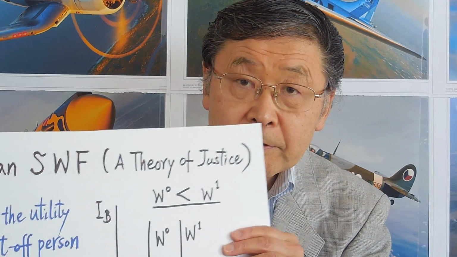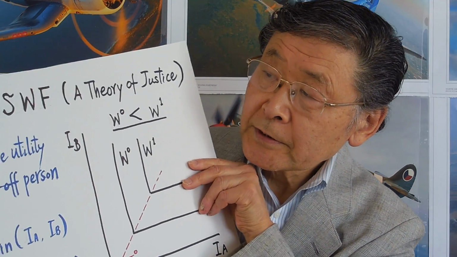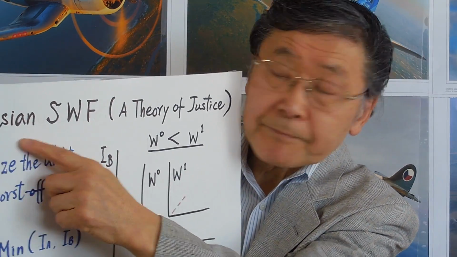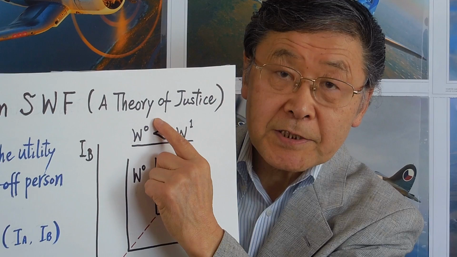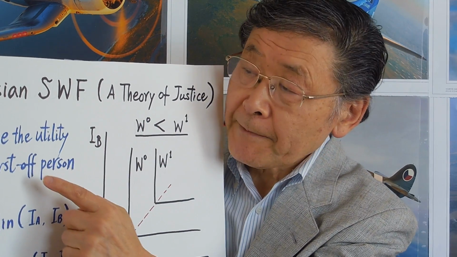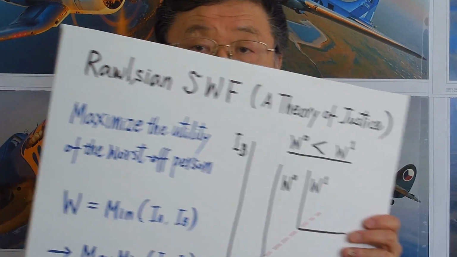This is one extreme case. The other extreme case is given by John Rawls. He wrote a book, Theory of Justice, and in this book he emphasized this idea.